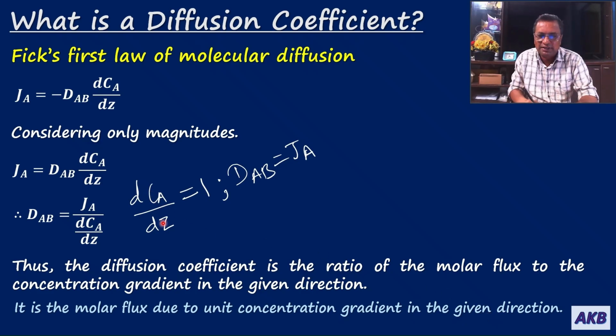So that is, if dCa by dZ is 1, then DAB is equal to Ja. So you can understand diffusion coefficient as the ratio of the molar flux to the concentration gradient in the given direction, or you can say that it is the molar flux that results due to unit concentration gradient in the given direction.